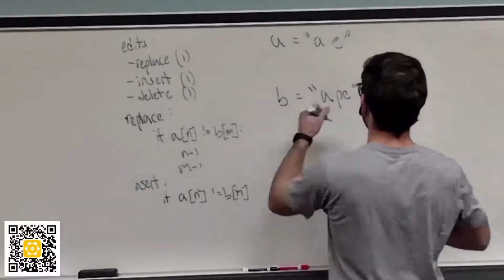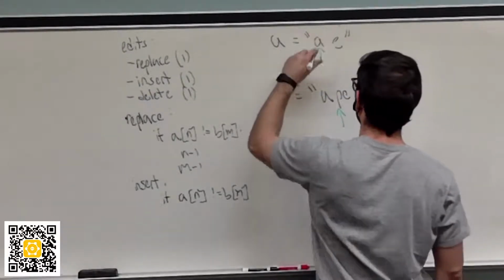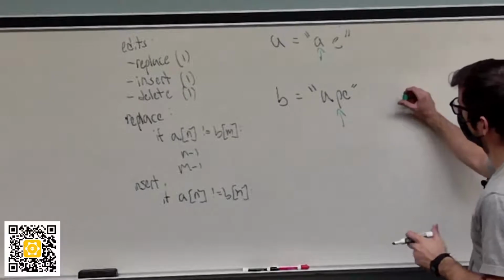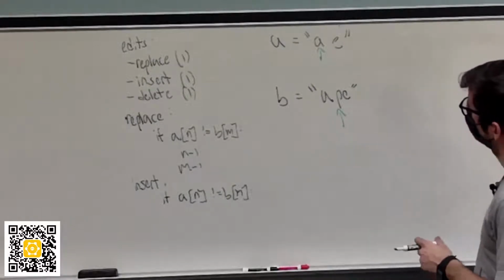E and E match, so we're looking at P and then A. We don't know what edit we want to do next. We do know they're not equal to each other. If we were to do an insert or delete, would we know where we'll be doing that?